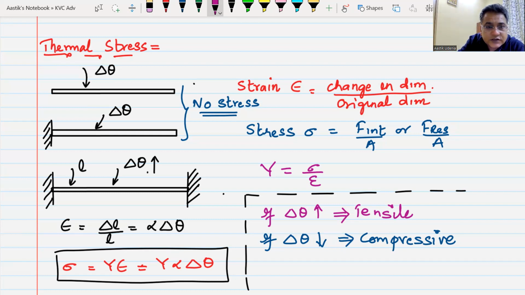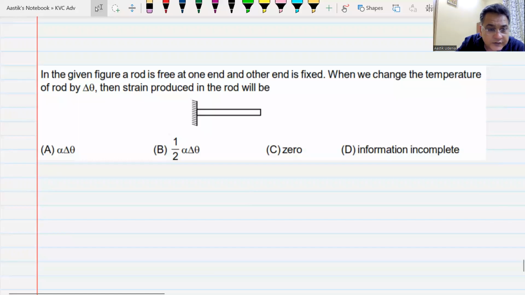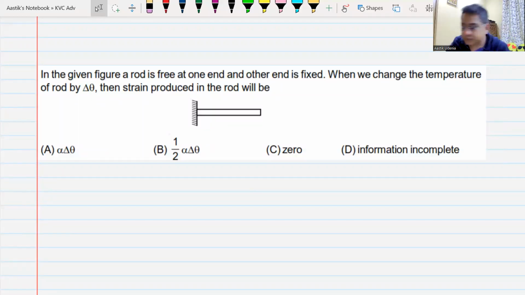Okay. This is a question that comes here. One end of the rod is free.